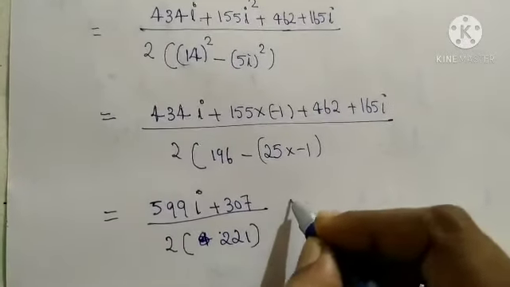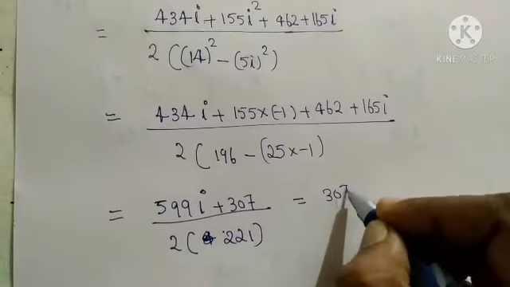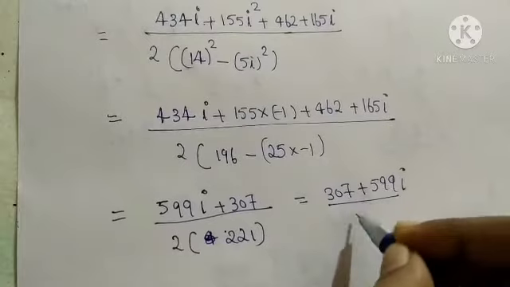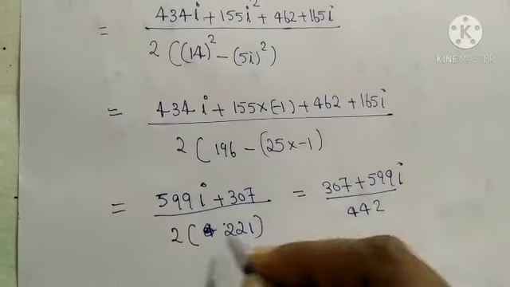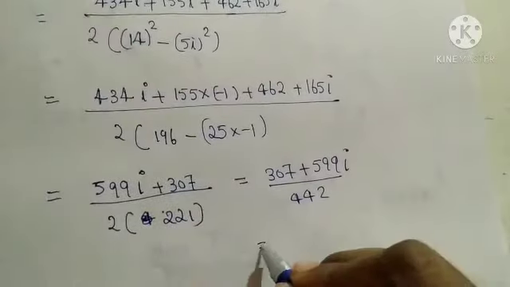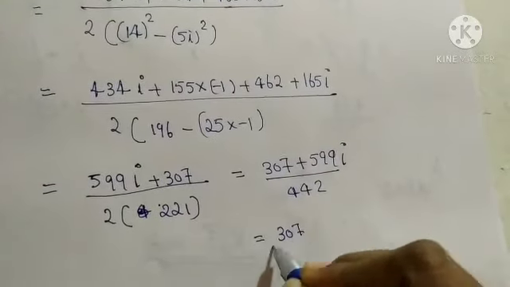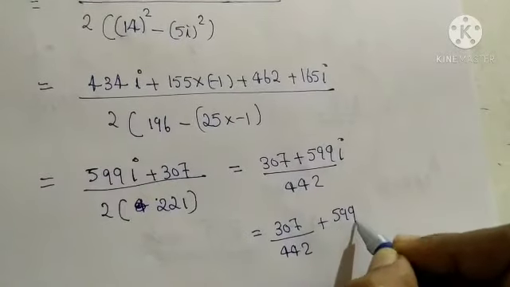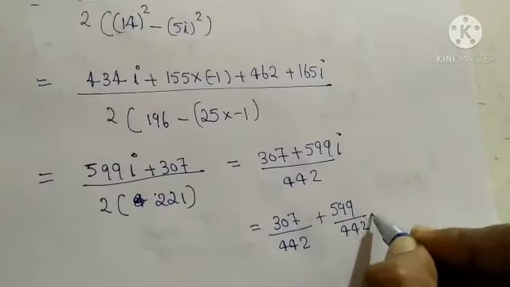Okay. So this is further equal to 307 plus 599i divided by 442. 2 into 221 equal to 442. And it can be also written as 307 divided by 442 plus 599 divided by 442 i.